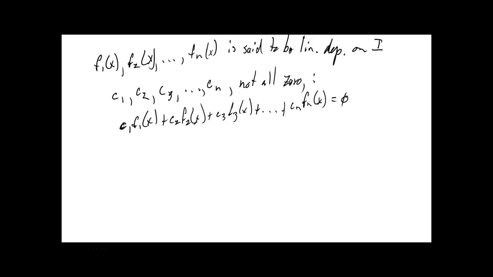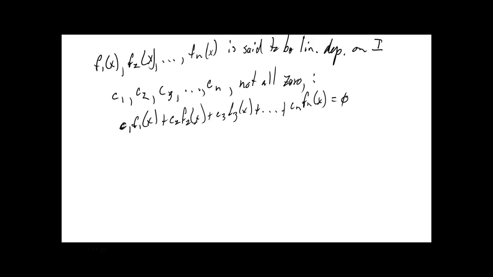But also, you could subtract this from both sides, and then all these others would be on the other side. That means this function here could be written as some combination of all those others. So one depends on all the others. That's linear dependence.